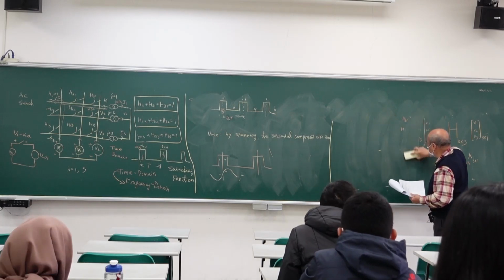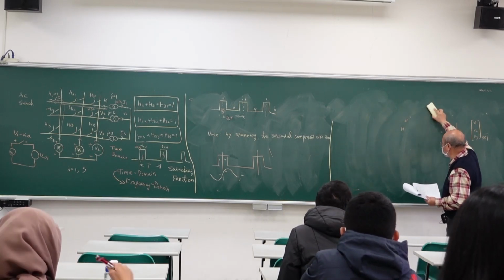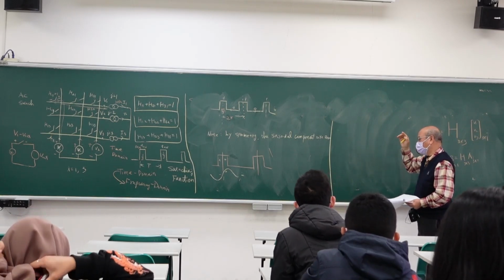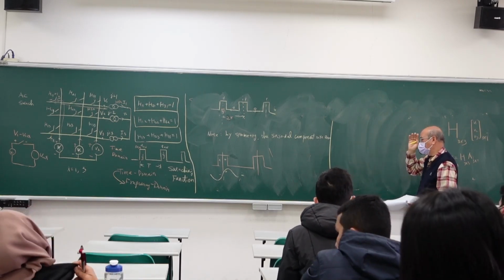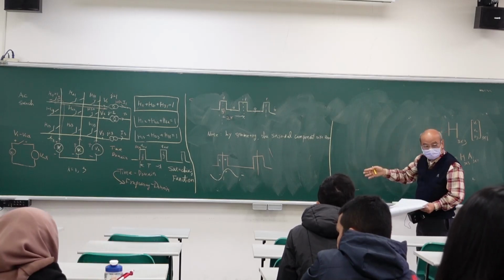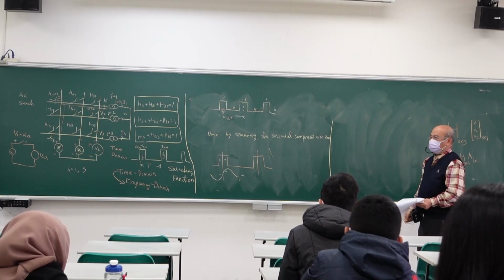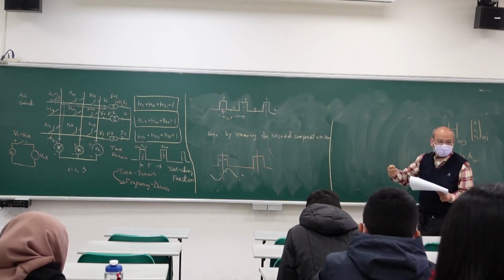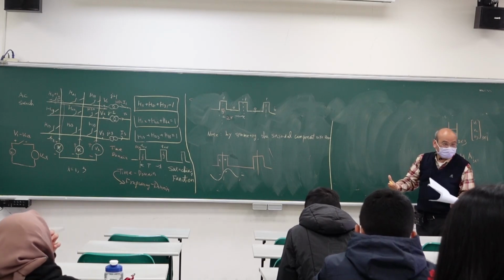You can check the Fourier series. They always tell you if you have a waveform, and the waveform is symmetrical, then your sine component should be 0. This is why we always use triangular to do the modulation.